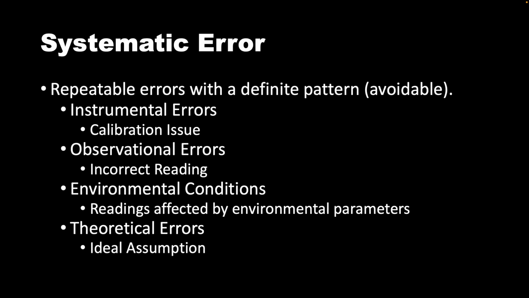Instrumental errors are errors in which the fault is in the instrument, and it can be corrected. Everyone must have experienced a calibration issue in their compass, either in their phone or due to some friction in a physical compass. This is a very common experience, and that is a type of instrumental error. The second is observational error, that is, an incorrect reading.